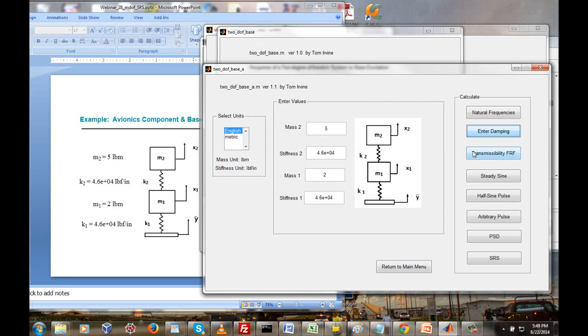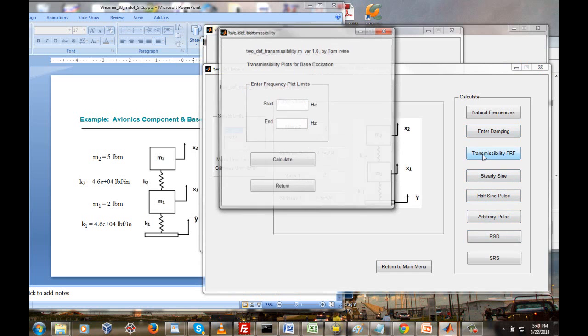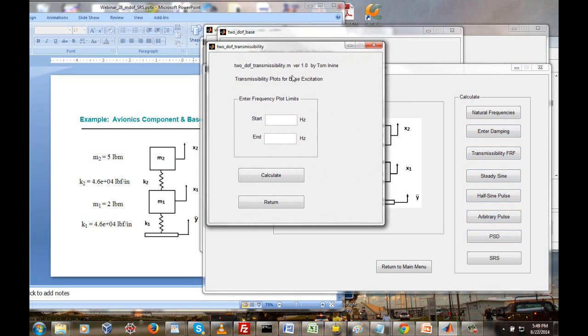After we've saved that, we see several other buttons have become visible, so there are all sorts of other types of analyses we can do. Let's go ahead to transmissibility frequency response function, or FRF, and plot this from 10 to 10,000 hertz. These are transmissibility plots for the base excitation.